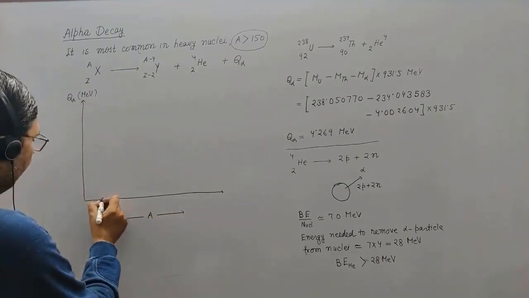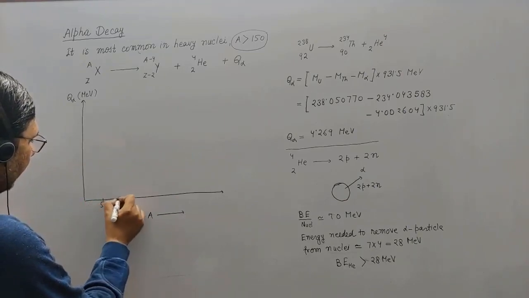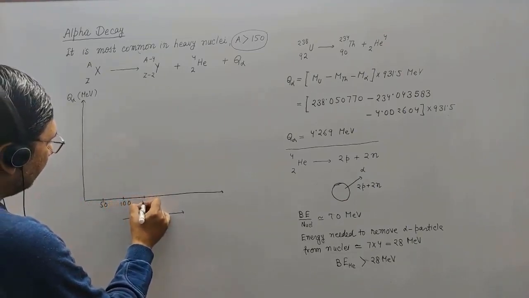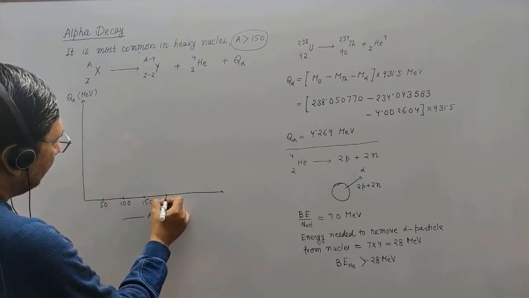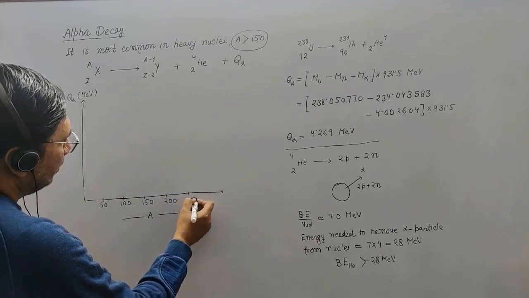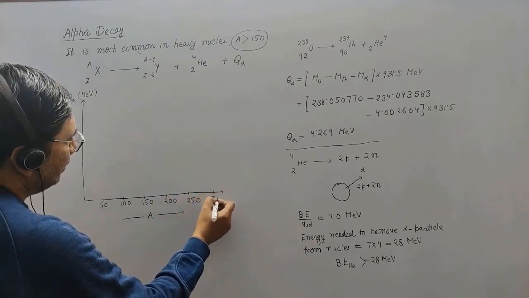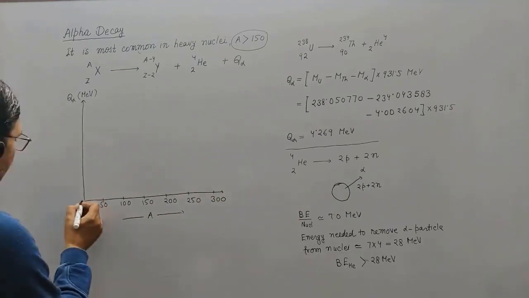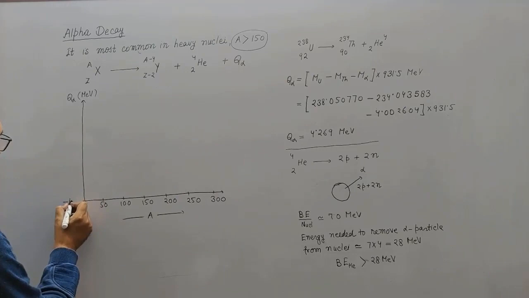So we have here 50, I'm writing this is 100, 150, 200, and this is 250. And roughly this is 300. On the y-axis we have Q alpha. Suppose this is minus 10.